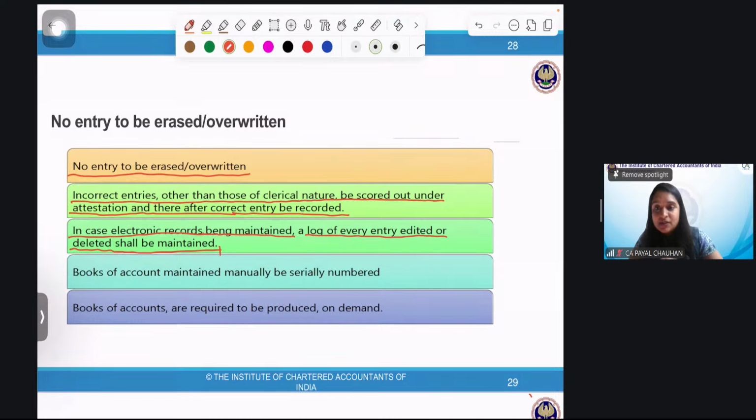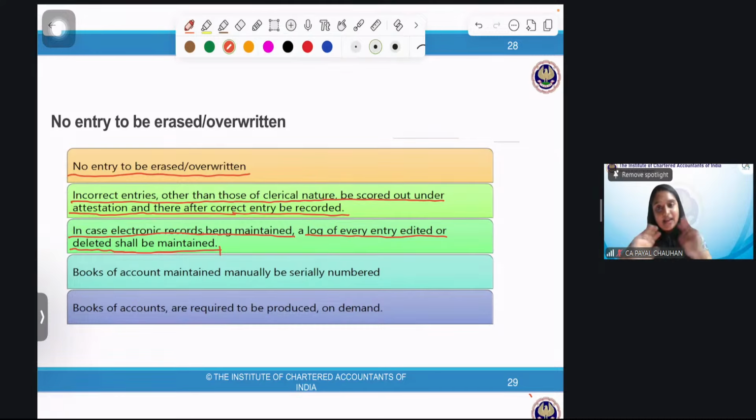Stock records. I have a question: ma'am, you told us that if we are a composition dealer, then we need not maintain stock details and the tax payable.